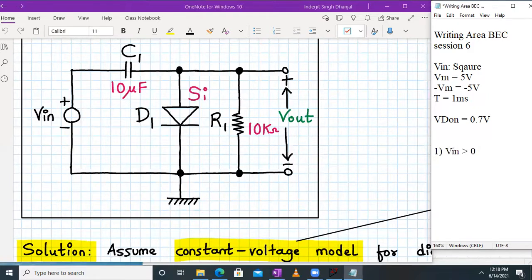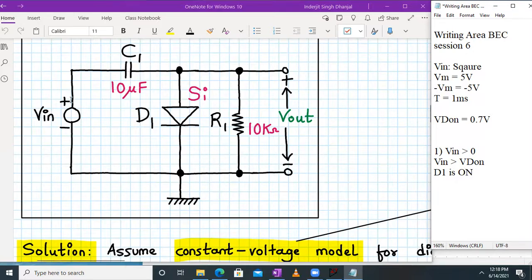Now, what is the precise moment at which the diode turns on? The diode turns on when V in is greater than the VD on voltage of the diode. Then we can say diode D1 is on.